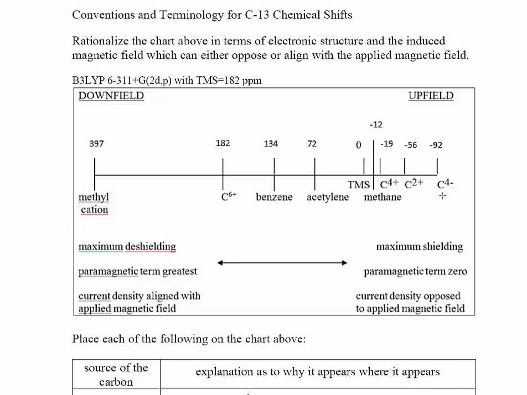I hope you did. The reasoning there would be that these have electrons that are in completely filled shells or subshells, right? C4- has a completely filled 1s, 2s and 2p subshells, so that's going to be highly shielded. We put that at the very far end, upfield from TMS.